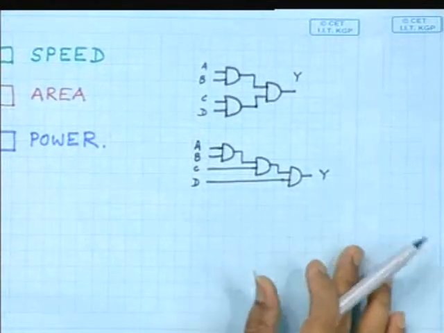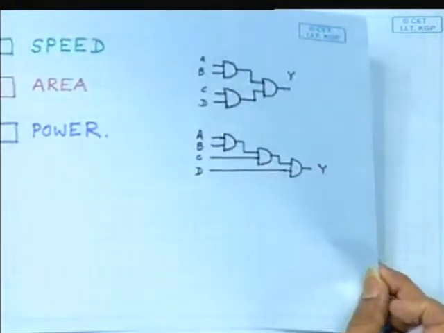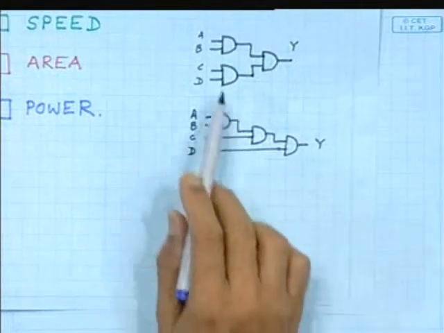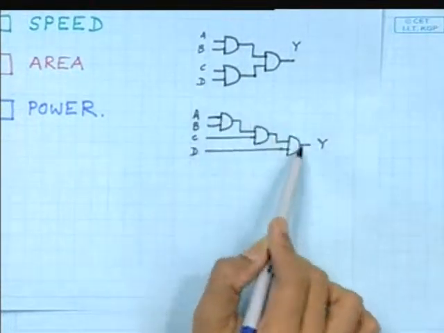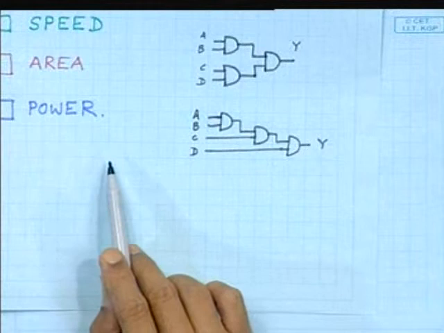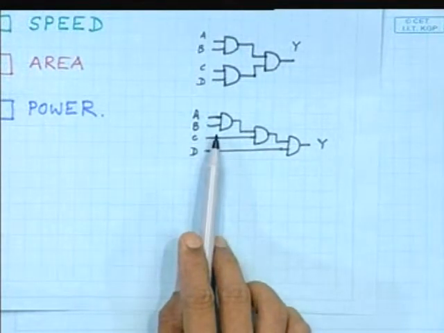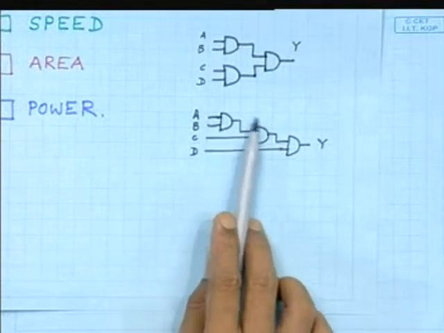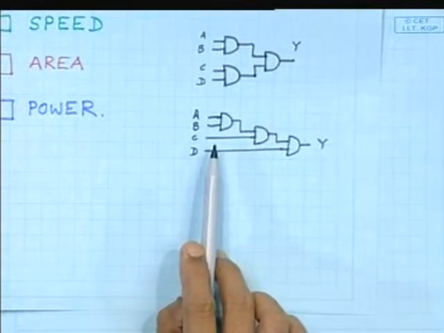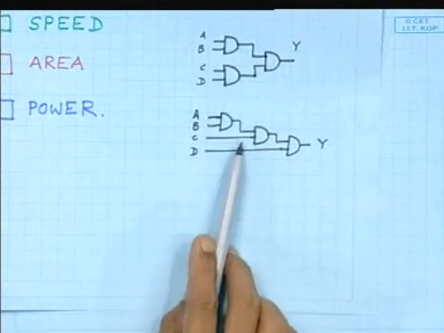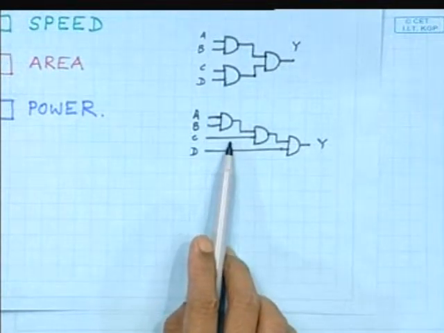But if you think about the whole structure of your design, and this is not part of the critical path, we have already defined what a critical path is, that is the longest chain of the combinatorial logic that decides the maximum clock speed. So if it is not part of the critical path, whether you use this one or that one is not really going to affect your system speed.